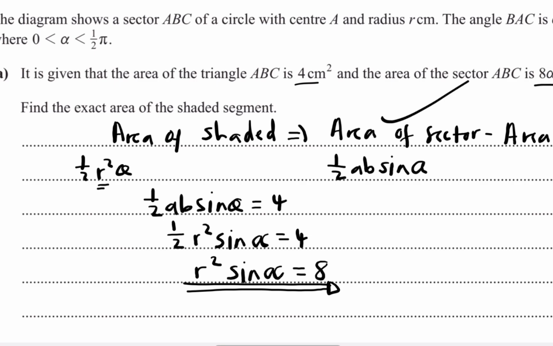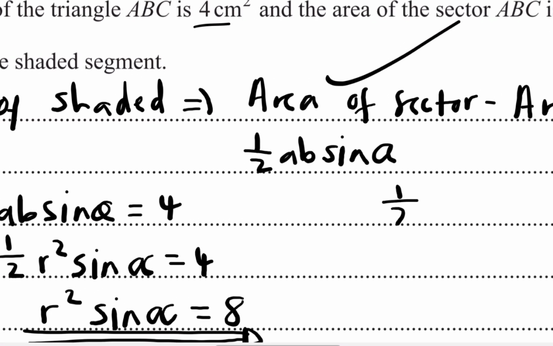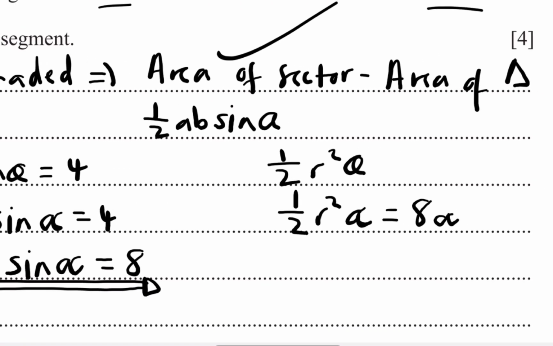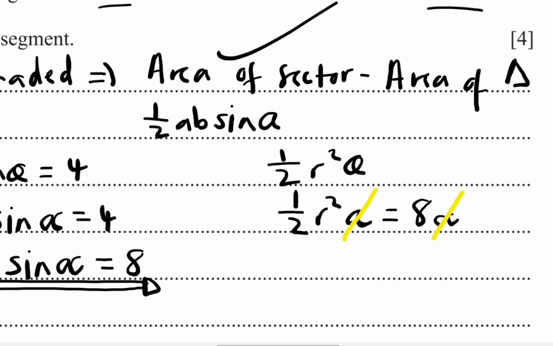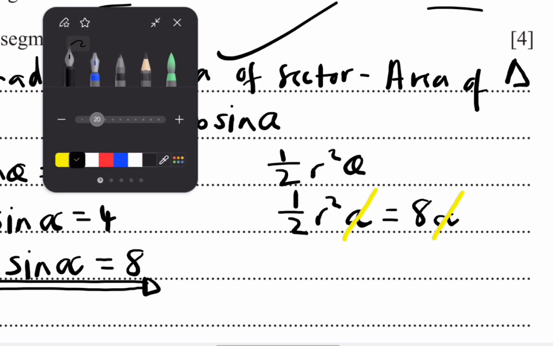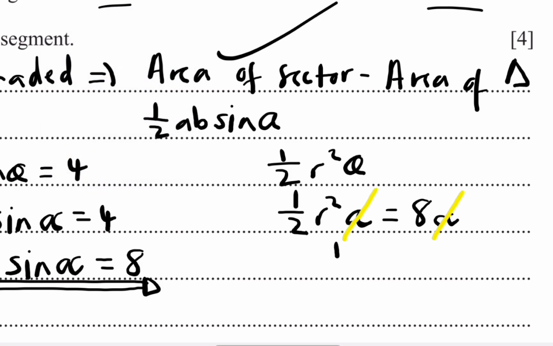And using this 8 alpha, it says the area of the sector ABC is 8 alpha. We know area of a sector is half r squared theta, right? So it will be half r squared alpha equals 8 alpha, right? And we can see that we have alpha on both sides, so we can cross it out, because if we divide by alpha both sides, you'll be left with half r squared equals 8, right?